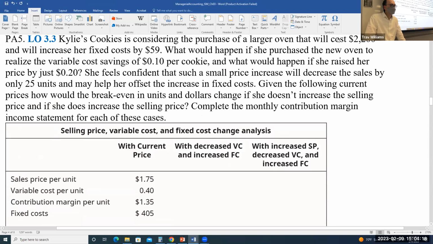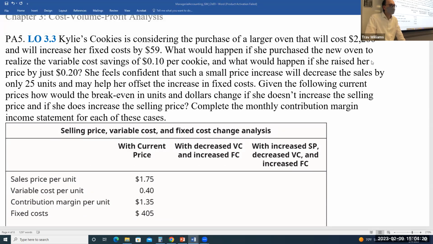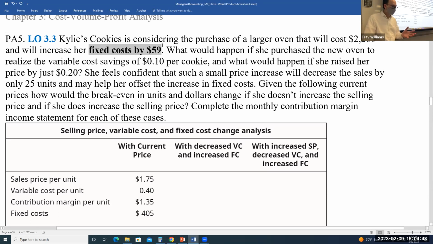All right, so this company is considering purchasing an oven. The oven's going to cost $2,200. That's a one-time capital expense, so we don't have to calculate that. It's not going to be an ongoing fixed cost, okay? So we'll just ignore that. But it is going to increase their ongoing fixed costs by $59 per period. I think it's per month.